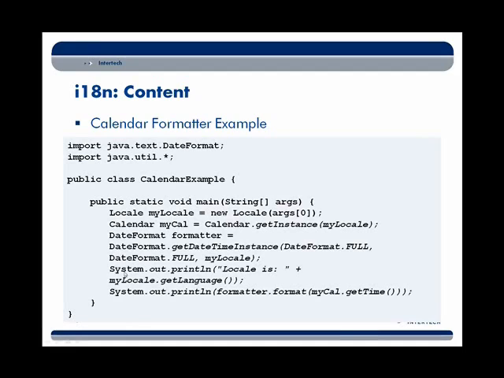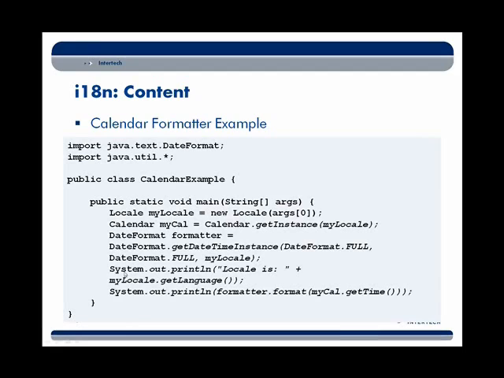I use the Calendar class that's inside of the Java util package. I get an instance and I pass in the locale, and now I've got a localized calendar. Next, I'm going to want to do something with the date in terms of how it's formatted. So I create a formatter by using the DateFormat to get a date time instance. I pass in a couple of configuration bits of information.